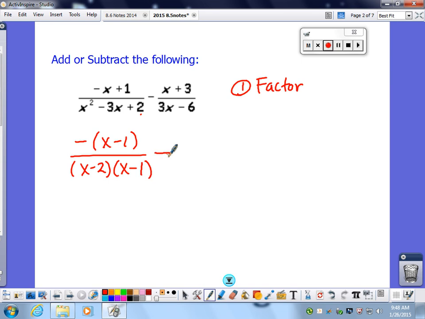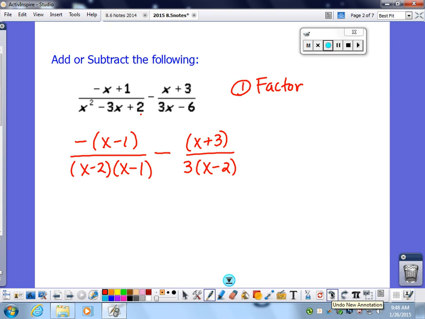Minus, alright, here again, x plus 3 is a common factor. They're grouped together. They cannot be separated. The denominator, we're going to factor out a 3 and leave us with x minus 2. Alright, let's look at what we have here. We can't simplify across the minus here, but we can within the same fraction.